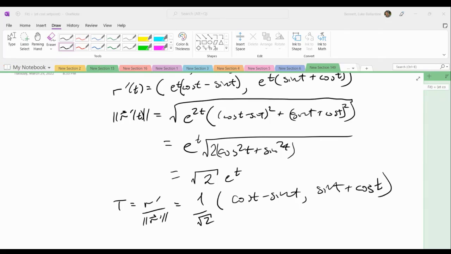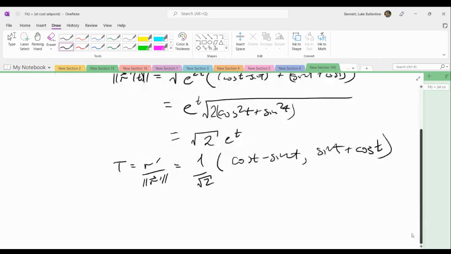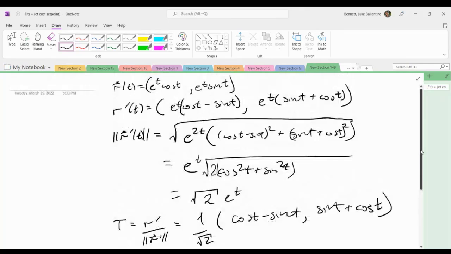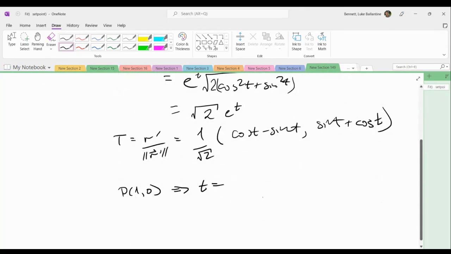And then we want to find the parametric equation of the line to the curve. I think it means tangent line to the curve. But yeah, at the point (1, 0), this implies t is zero.